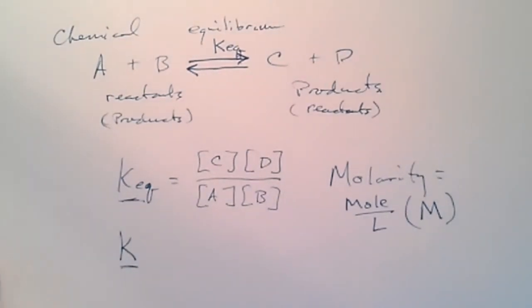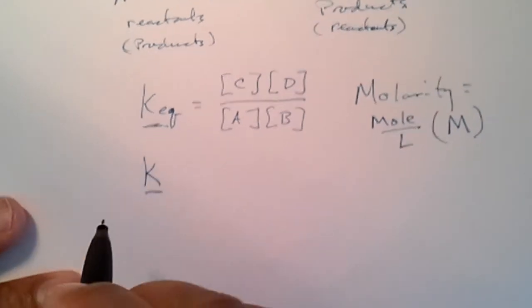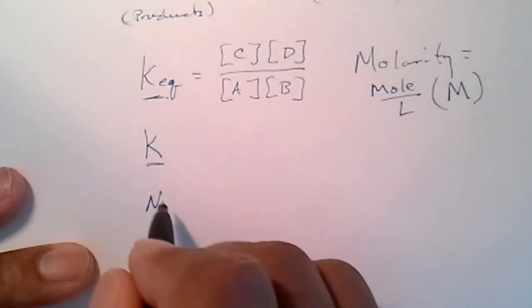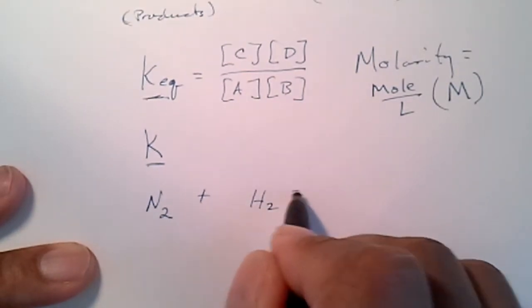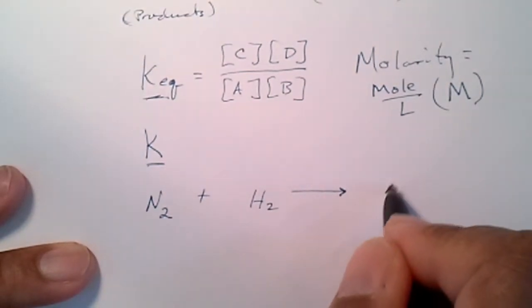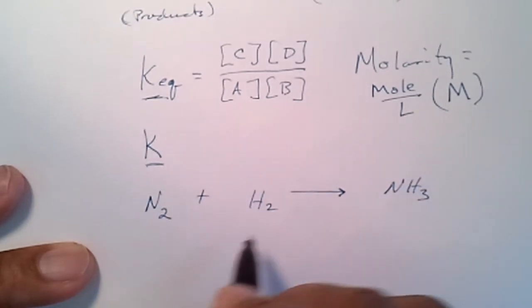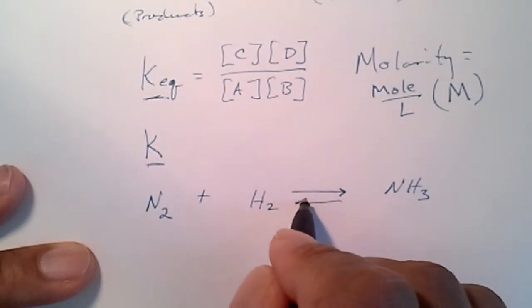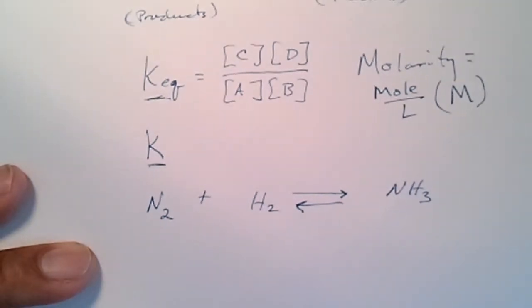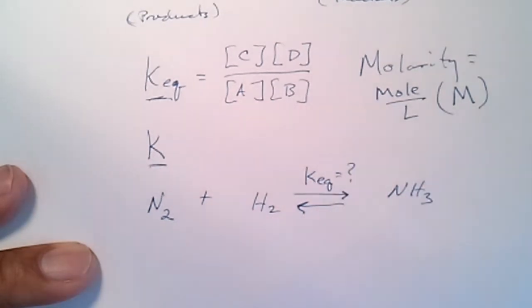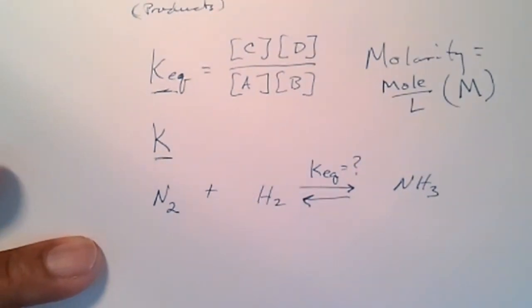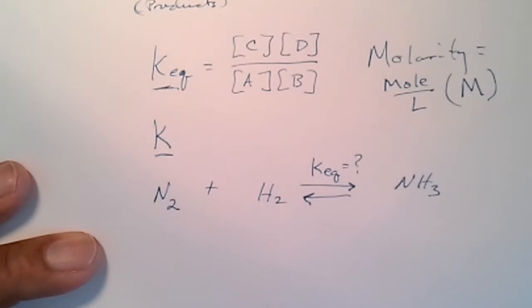So let's look at an example. You have a reaction, nitrogen plus hydrogen gives us ammonia. It's in equilibrium, and we don't know what that equilibrium value is, but we can determine that if we know a few other things.